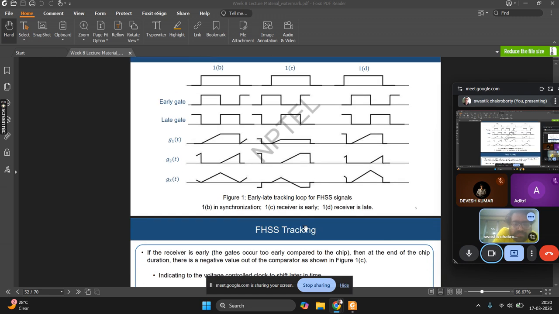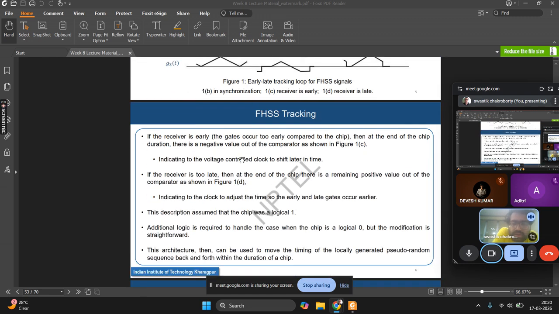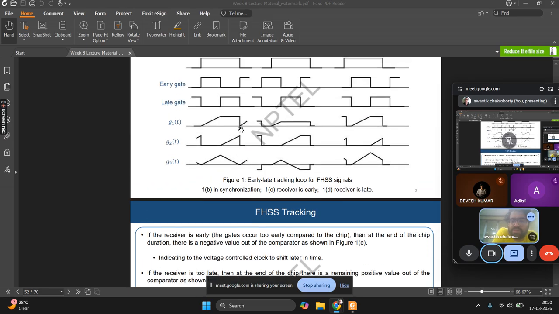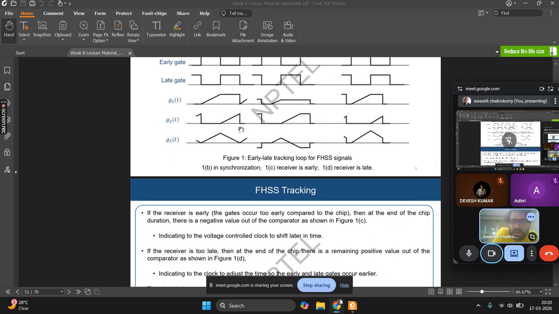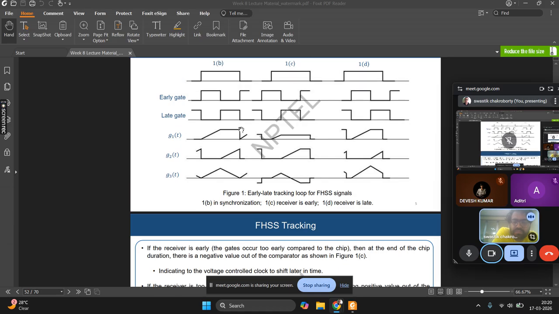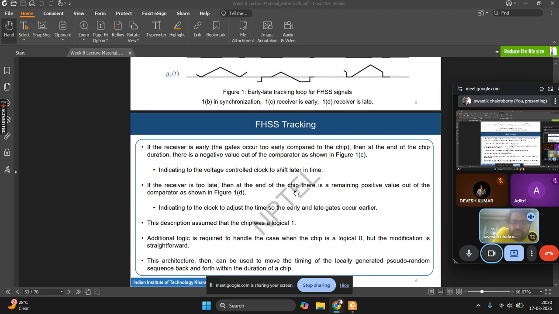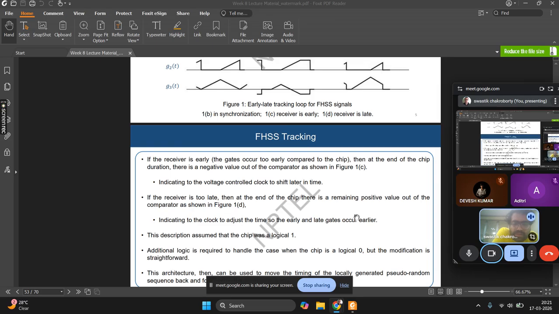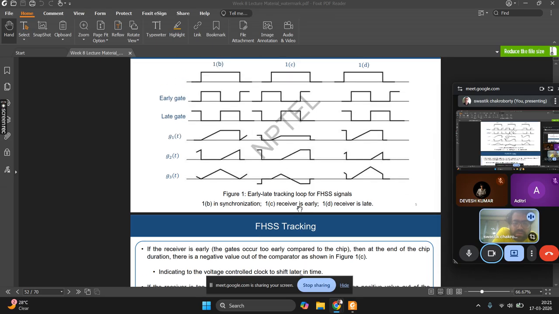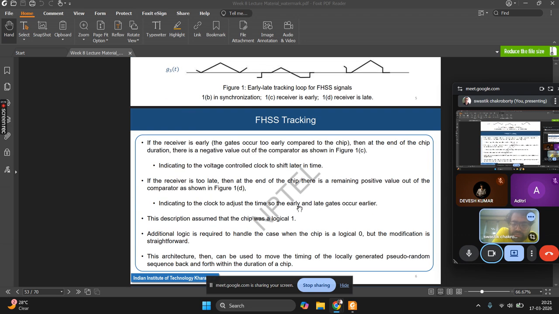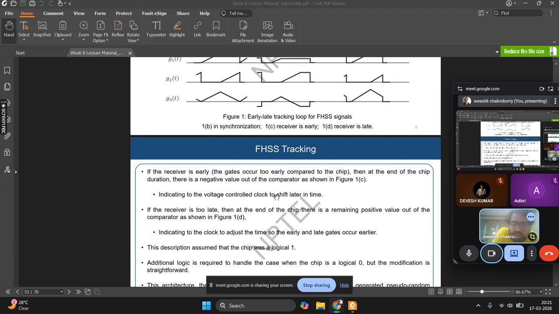So if the receiver is early, that is the gate occurred too early compared to the chip, then at the end of the chip duration there is a negative value. If the code is early, the early gate will give a negative value, and if the code is too late, then at the end of the chip there is a remaining positive value out of the comparator, as shown in figure 1D.